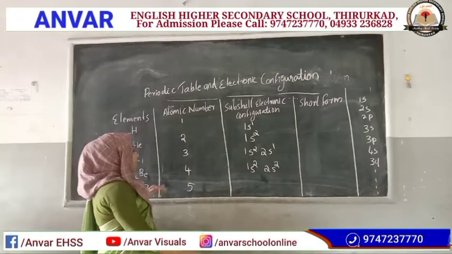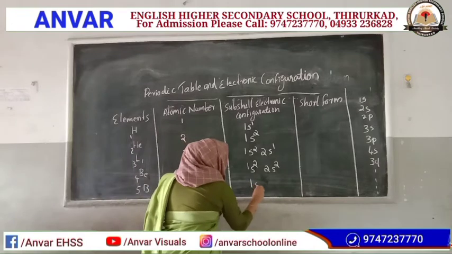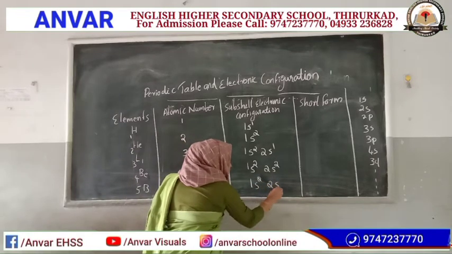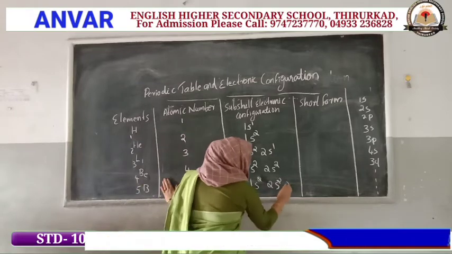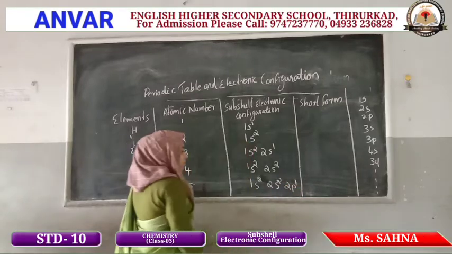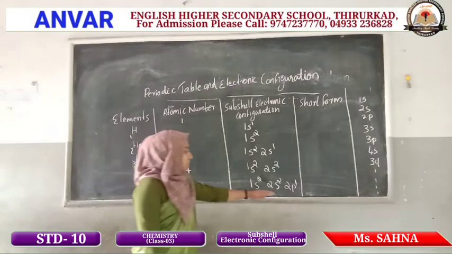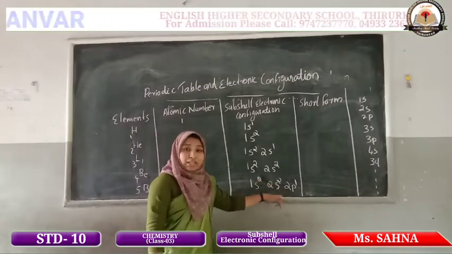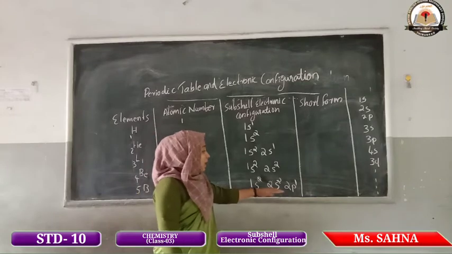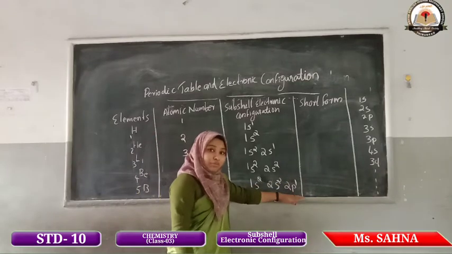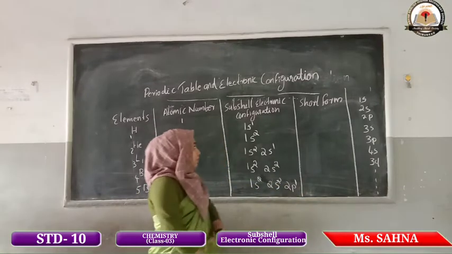If we take boron, 1s2, 2s2, and 1 electron goes to 2p1. 1 electron is filled in the p subshell because the s subshell contains a maximum of 2 electrons. So after 2s the electron is filled into 2p1.